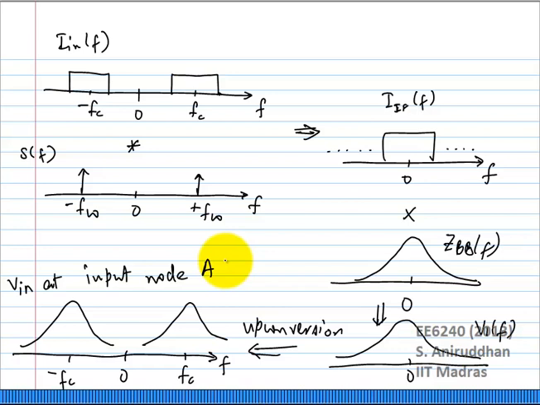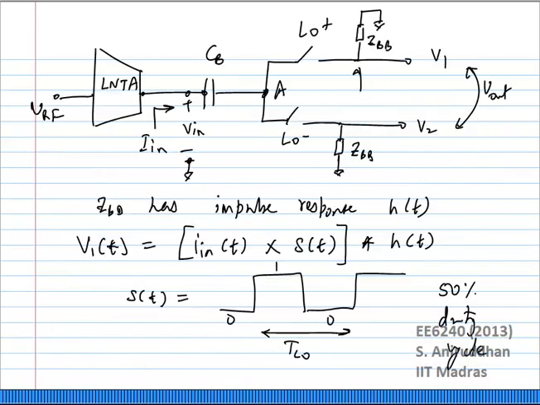Okay, and obviously this is a very powerful mechanism because people have used it for very high Q filtering at RF frequencies. For example, we all know it is much easier to create a high Q filter at baseband, and it is much more difficult to create a high Q filter at RF. So if you had a node where you wanted to create a high Q filter at RF, you could use such a structure to get filtering at node A using an appropriate baseband impedance.